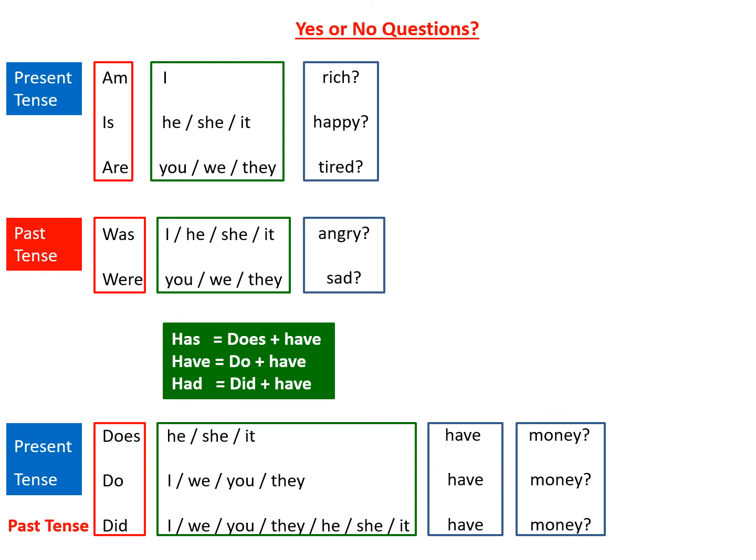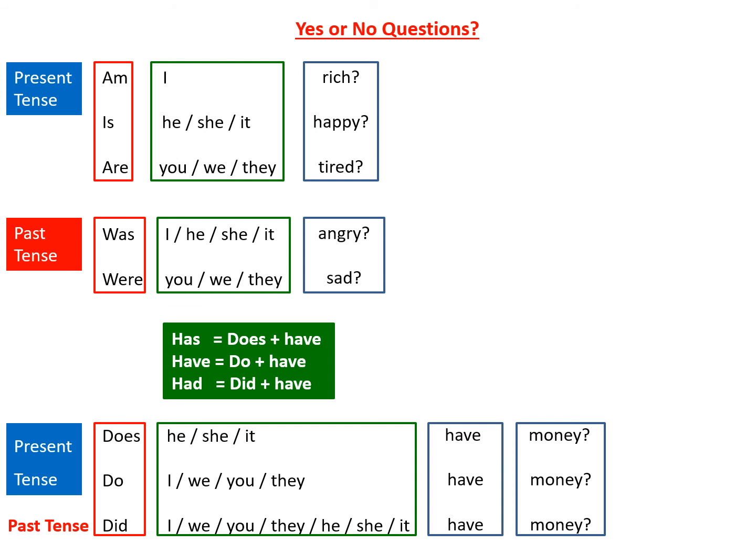Next, have. Do I have money? Do we have money? Do you have money? Do they have money? In these examples also, we have used pronouns between do and have.